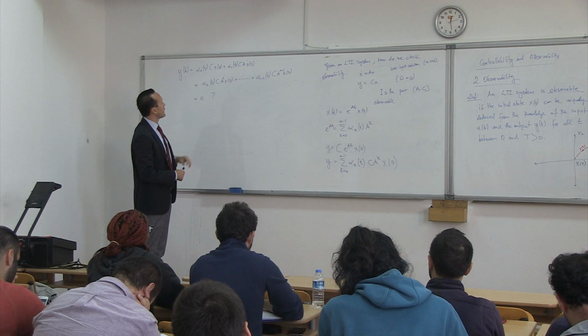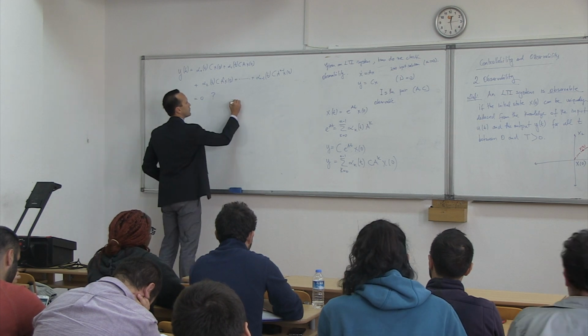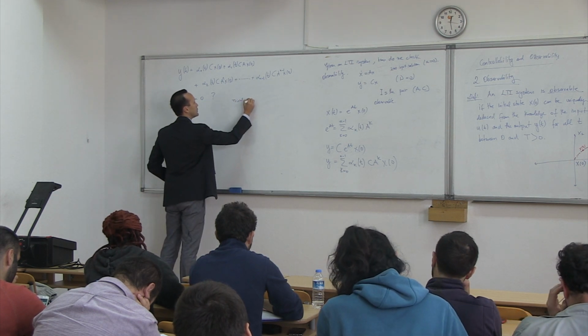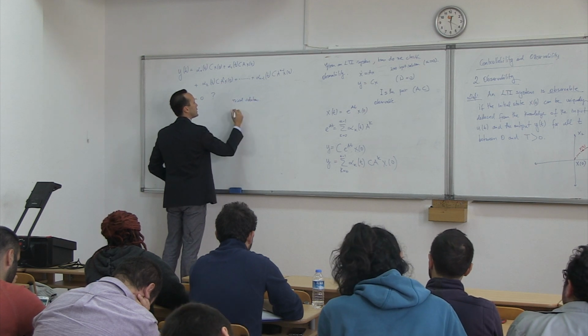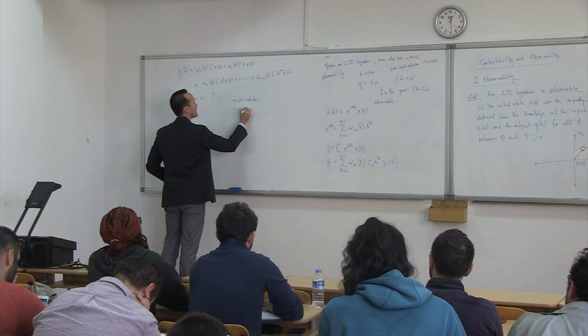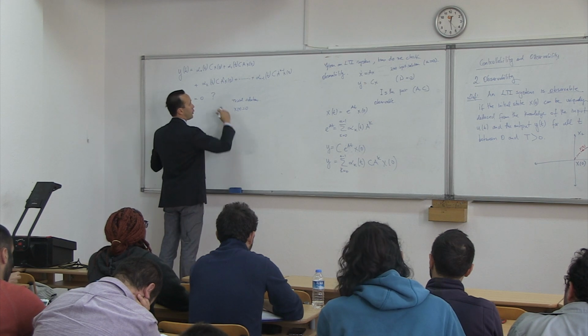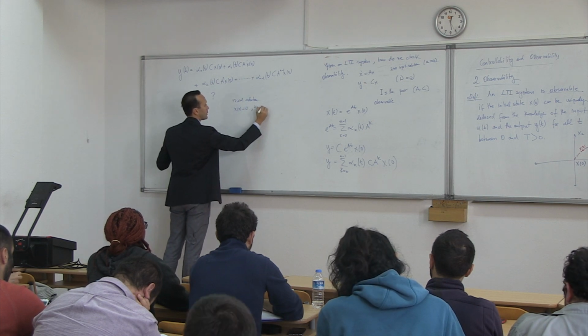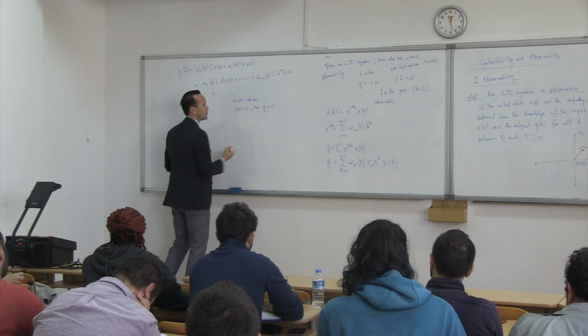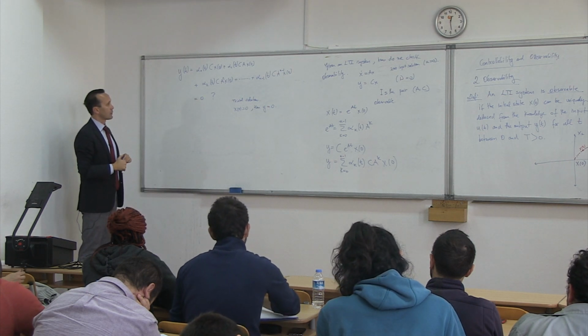Now, the trivial solution for this is that x0 is equal to 0, for all x0, then y is equal to 0. Okay?